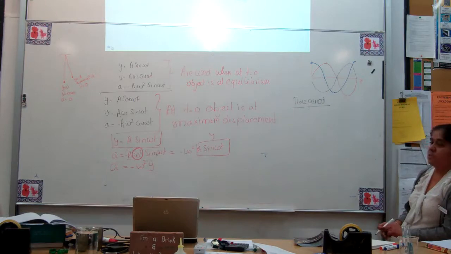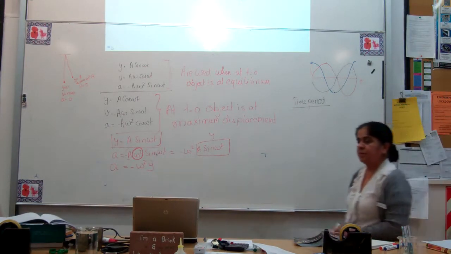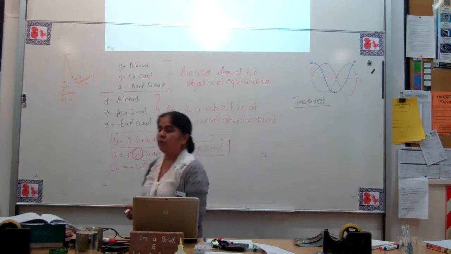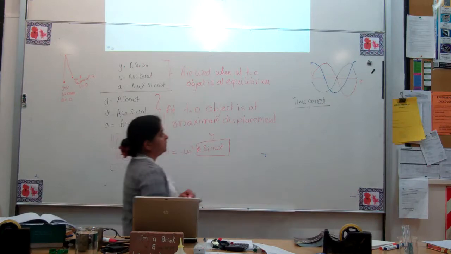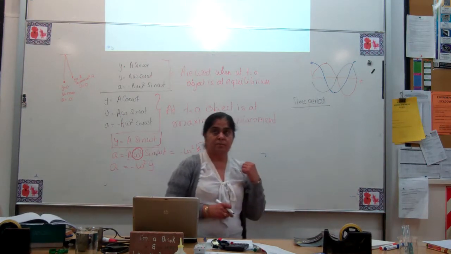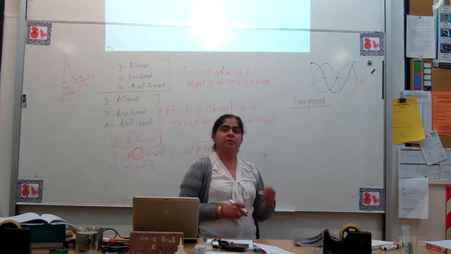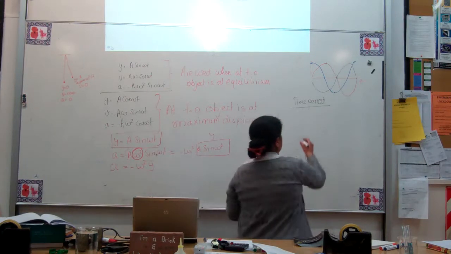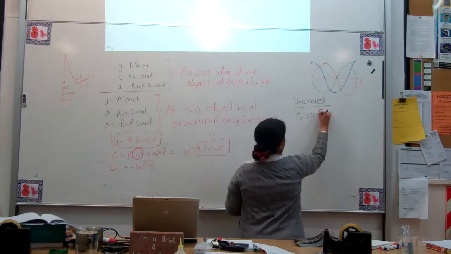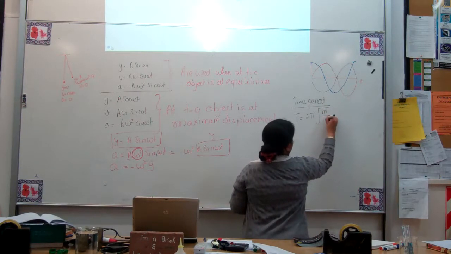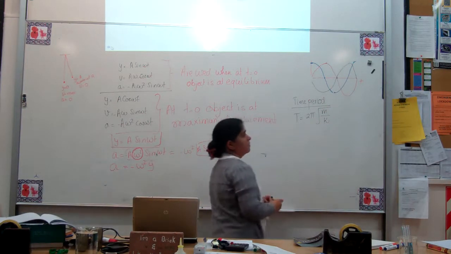Okay, the next thing is time period. Time period in simple harmonic motion. You will be focusing on based on 2 things. Time period of a spring and time period of a pendulum. Equation for the spring is 2 pi square root mass over k.